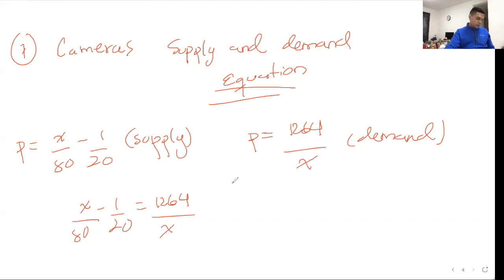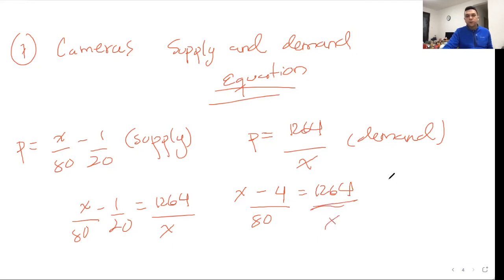If I combine those two fractions, the least common multiple would be 80, right? 80 divided by 80 is 1 times x is x. 80 divided by 20 is 4 times 1 is 4, equals 1,264 over x.